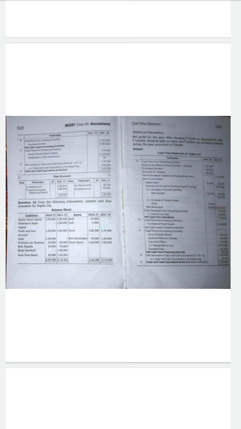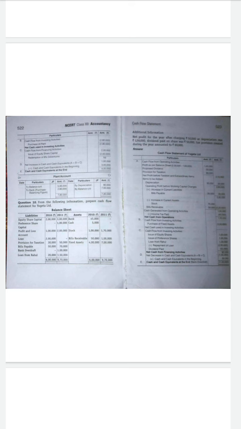Now we have to add the 3 types of activity: the net cash from operating activity plus investing activity plus financing activity. So it is coming in a negative balance. What is the amount of net cash from operating activity? Plus 1,20,000.